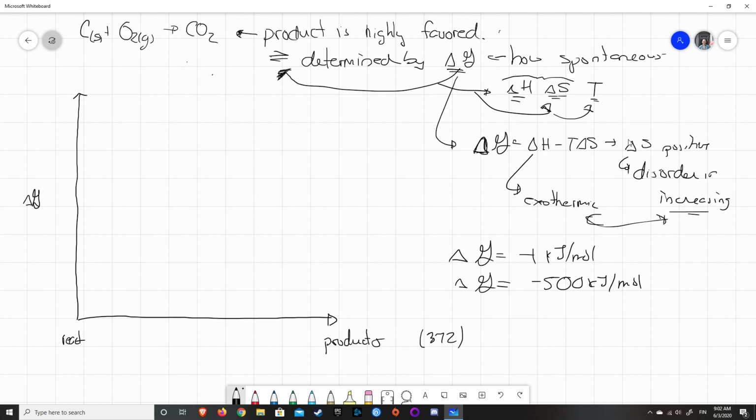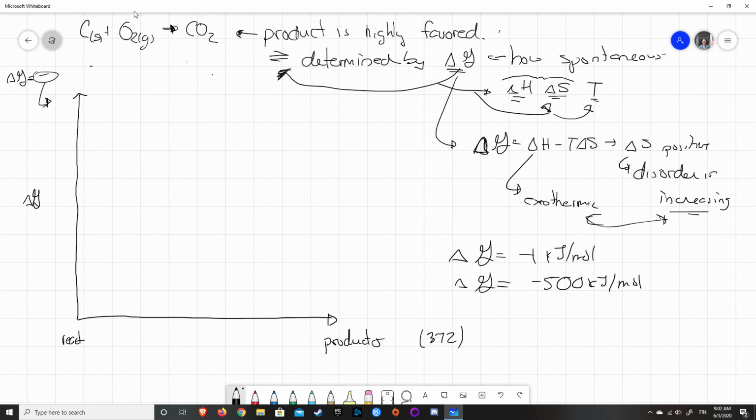Just because, as we said up here, all reactions are reversible, but it depends, right? If we were to plot against delta G, from our reactants, let's say this is an exothermic reaction, and let's say that delta G is negative, and we always want delta G to be negative because that means that the disorder in the universe is increasing and the heat energy, the energy of the system, is decreasing.